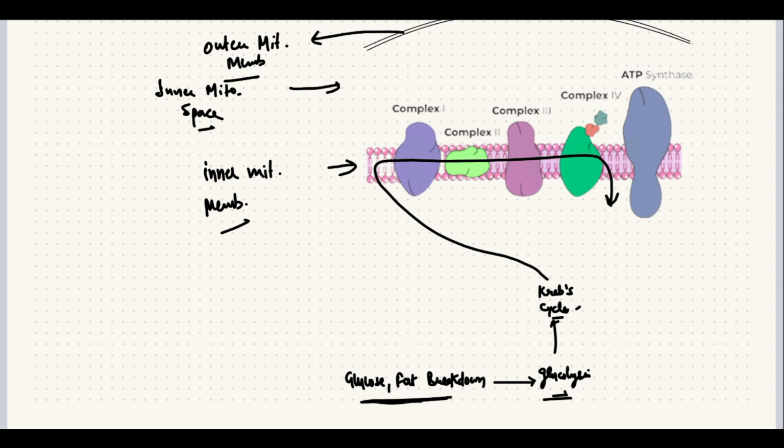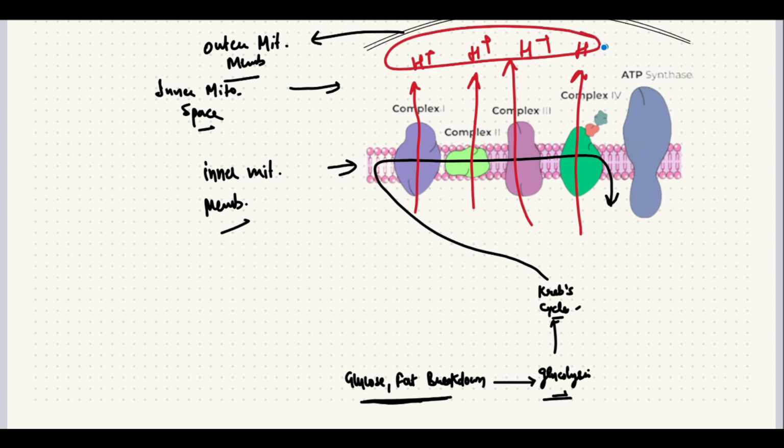By the flow of electrons through complex 1, 2, 3 and 4, protons are pumped into the inner mitochondrial space, and these protons flow back through an enzyme called ATP synthase and make ATP, and the production of heat.